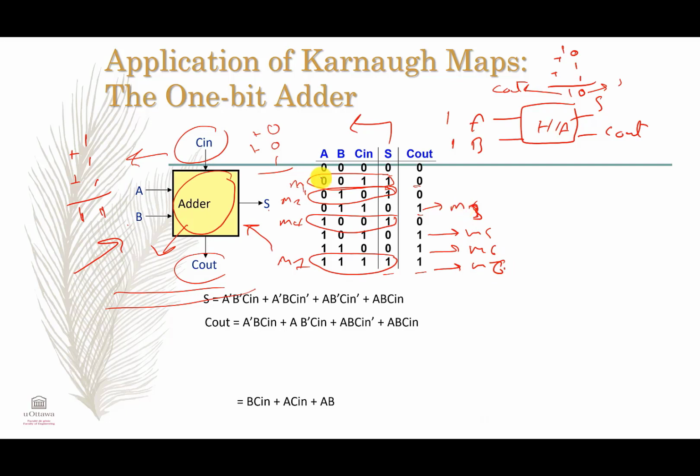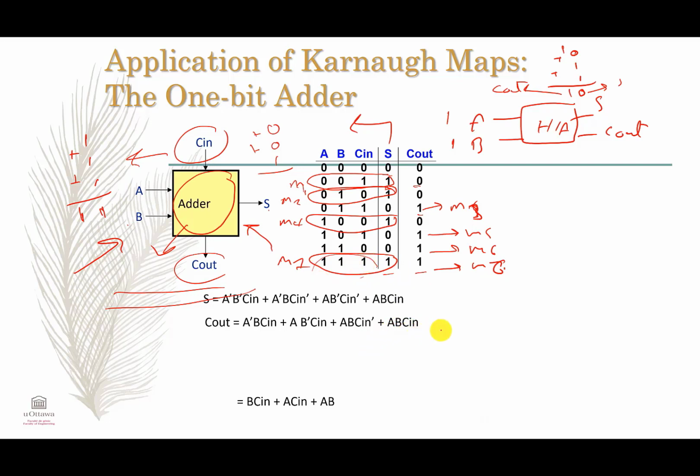So M3 will be A prime BCN, M5 will be A B prime Cn, M6 will be A B Cn prime, and M7 will be all of them at the one state, so A B Cn.